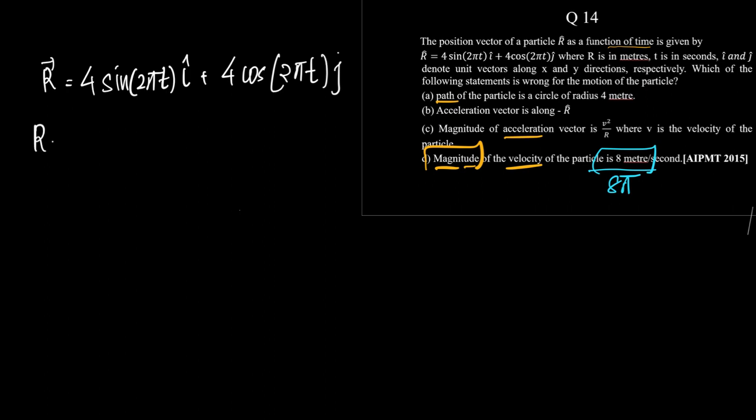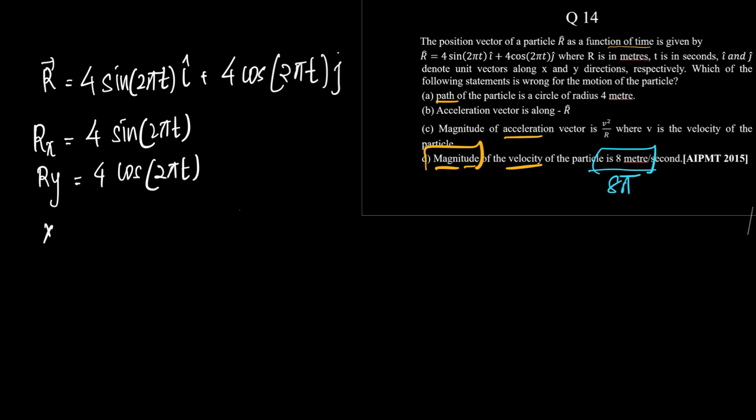In which case, what is the x component of r here? It is equal to 4 sine 2 pi t. And what is the y component here? It is equal to 4 cos 2 pi t, right? And when you add these two, what do you get?